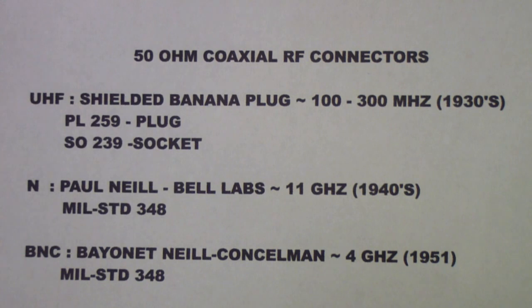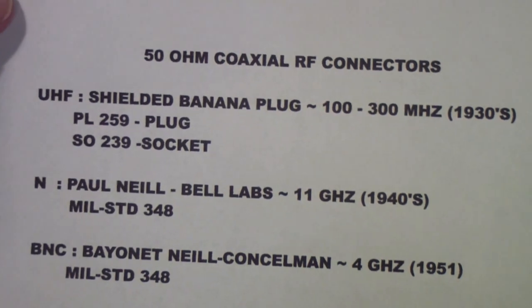We're going to start by looking at one of the earliest coaxial connectors called the UHF connector, which actually goes back to the 1930s. And in each case, what I will do is show you an example of these particular connectors.